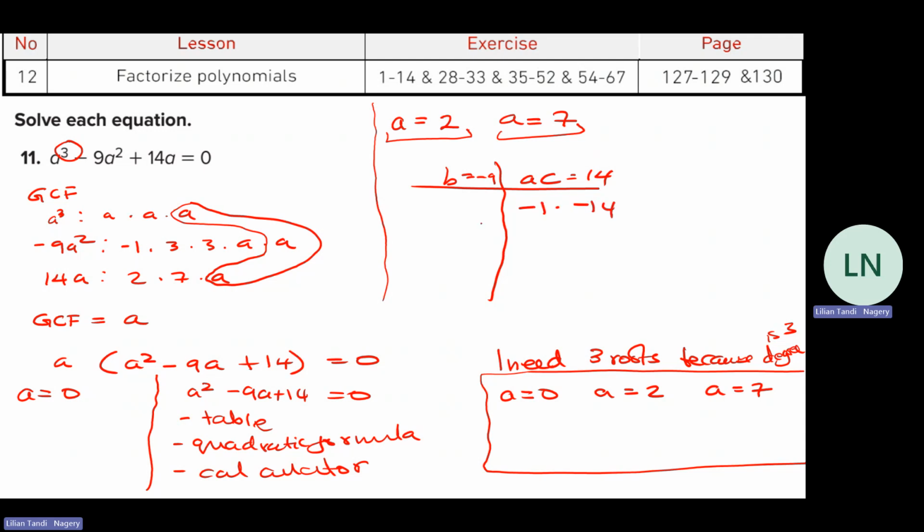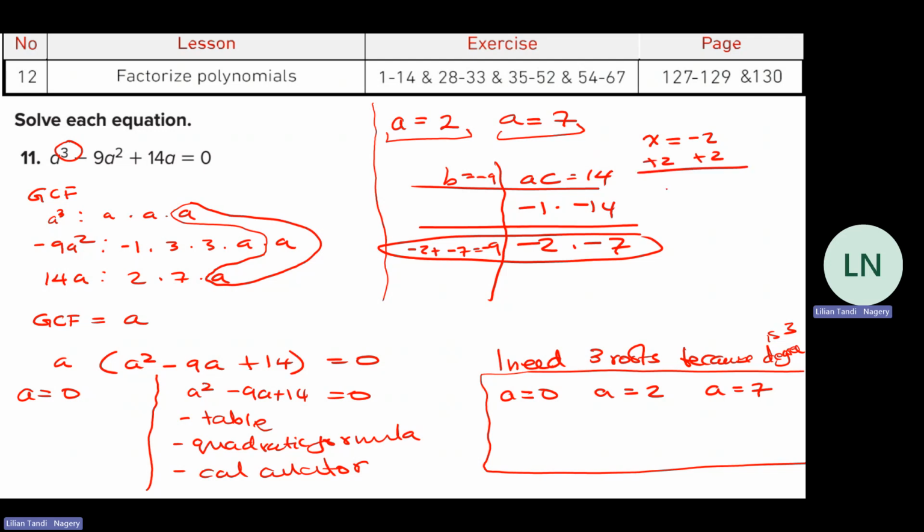Will be -1, -14, and then -2 and -7. And this is the one that gave me -9 because -2 plus -7 gave me -9. So then I said x equals -2. So I added 2 on both sides.